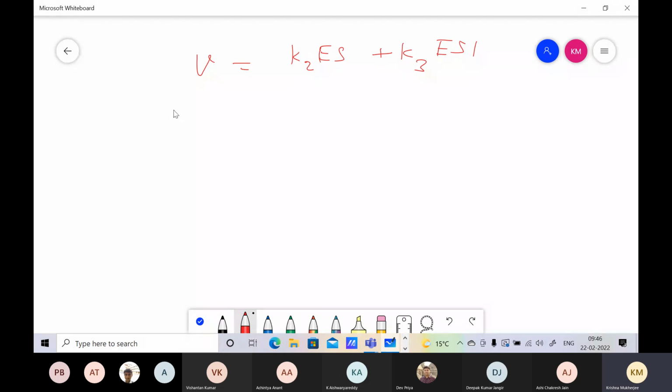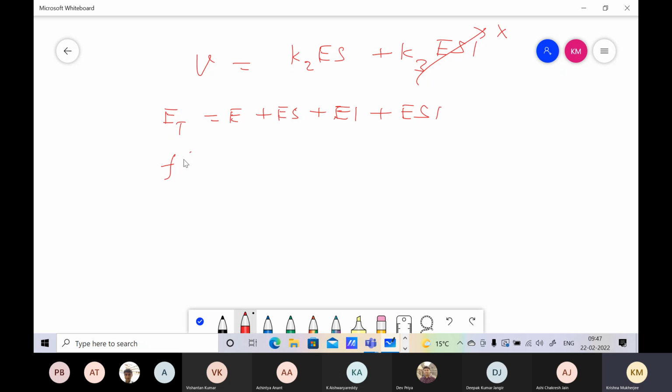And so really now we have the other expression ET, which is what we are going to do, is equal to E. Remember the fractional saturation? Sorry, not E, just E. What was it? E plus ES plus ESI plus EI. Yes, absolutely. It's EI plus ESI. And now all these things can be written in terms of a very simple expression. So really the fractional saturation is, let us forget this first for the time being.